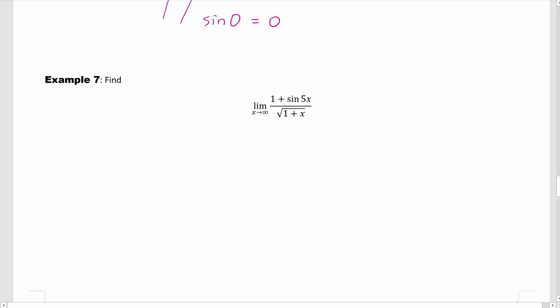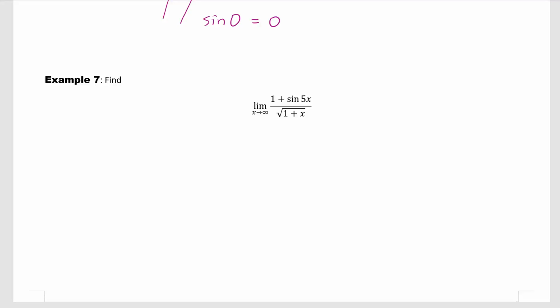Okay, next. When x goes to infinity, my sine is oscillating between -1 and 1, still oscillating between two numbers, and the denominator is getting close to infinity. Do you remember last time we talked about sine or cosine multiplied by some power function? What theorem did we use? Yes, the squeeze theorem.